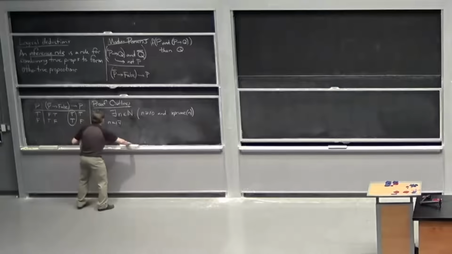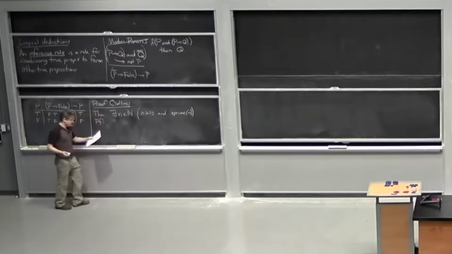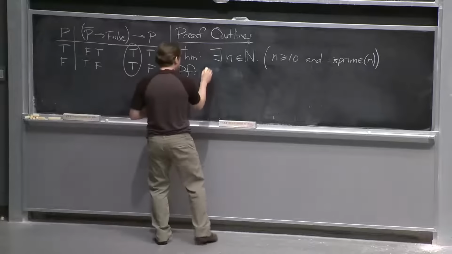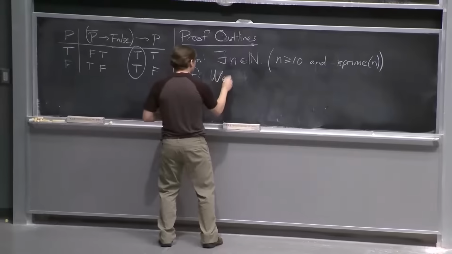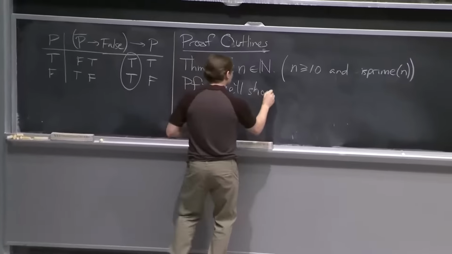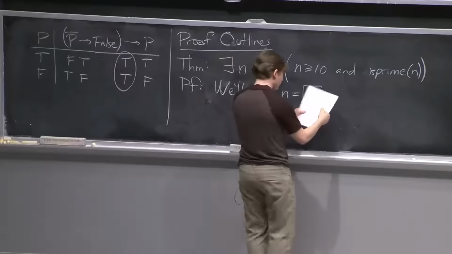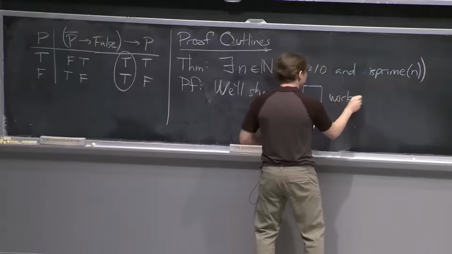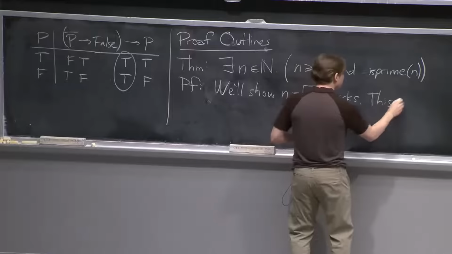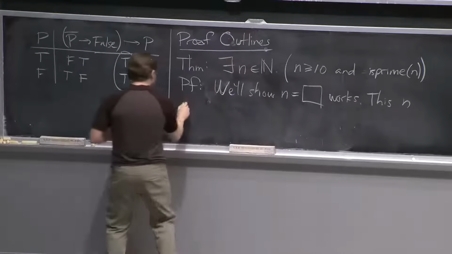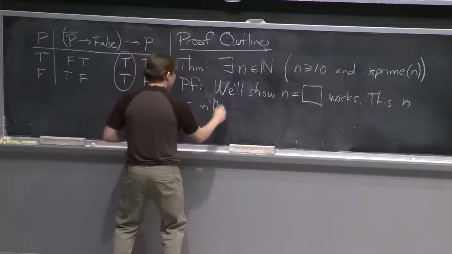But let me back up and let me write down what the general proof usually looks like. Proof. We'll show that n equals fill in the blank works. This n is in the set we asked for.